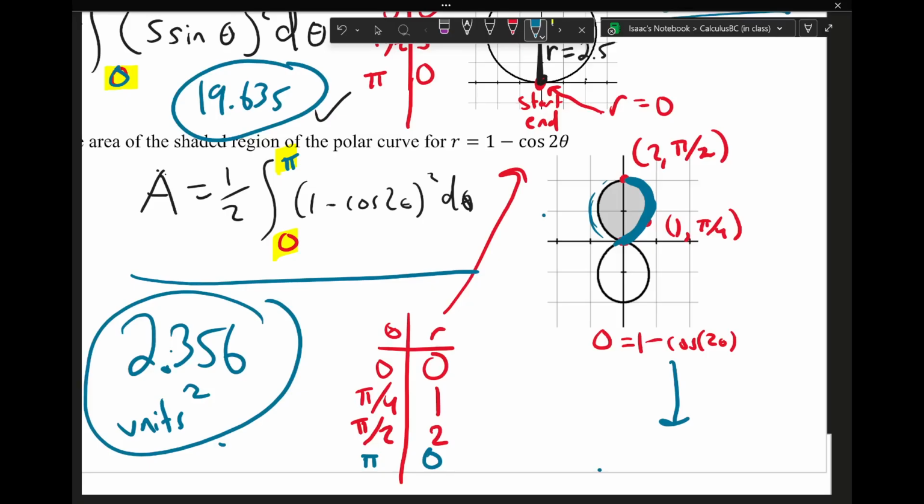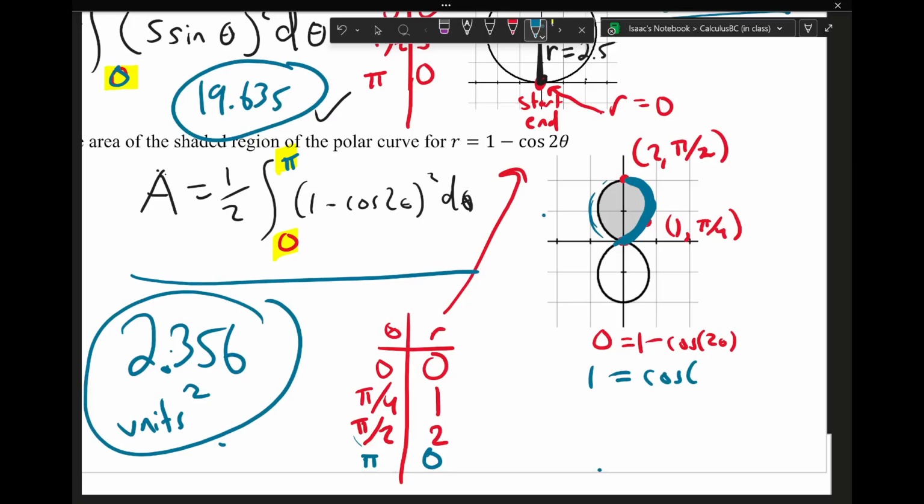So again, I'm trying to show you two ways. I don't think one way is sufficient. I think sometimes doing this tedious table, carefully, slowly increasing the angles to figure out if I start at 0, how far do I have to go before I'm back here? Or you could set r equal to 0 and try to solve this.